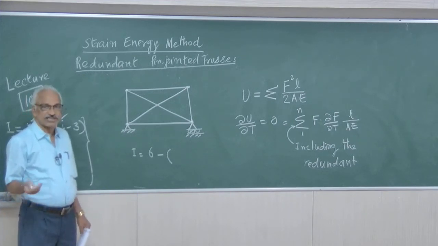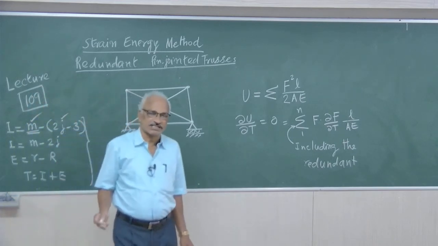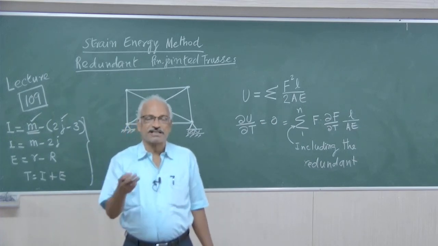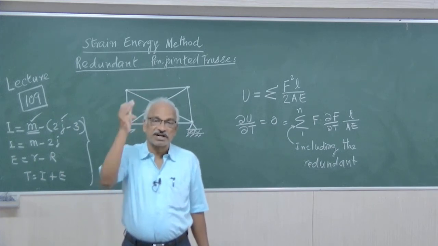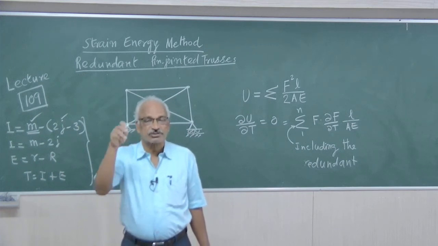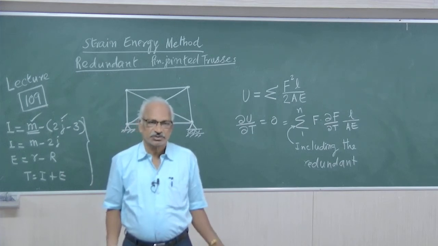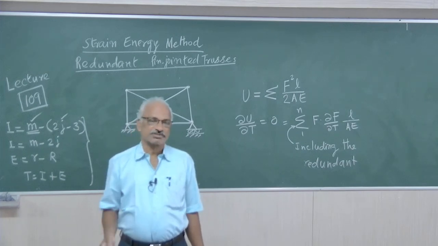Actually, in the actual structure, they are not pin joints. In the analysis of many structures, we make many assumptions. Suppose we take the analysis of a column, we assume that the column is perfectly straight and the load passes through the center of gravity of the cross section. Like that, in every topic we make some simplifying assumptions.